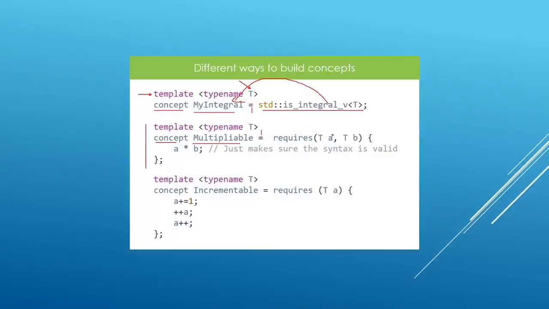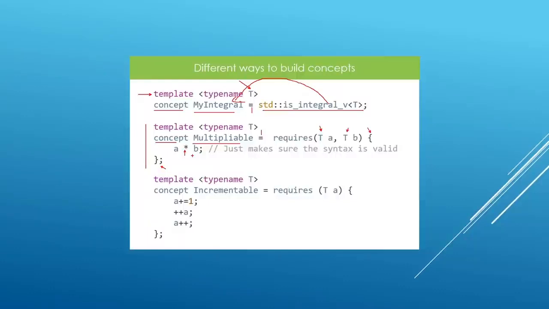The requires clause specifies the template parameters for which you want to enforce your concept, and then you put a pair of curly braces, and inside that you specify the syntax you want your concept to satisfy. For example, here we want the two parameters to support the multiplication operator. If this multiplication operator is not supported for the template parameters that we pass, the concept is going to fail.